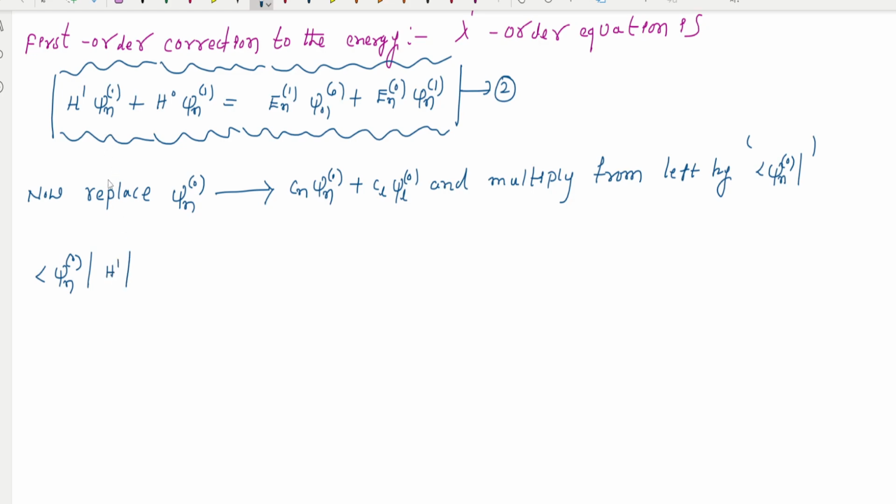h prime, in place of this one, cn psi n power 0 plus cl psi l power 0, plus psi n power 0 h naught. I mean the unperturbed Hamiltonian, this one.